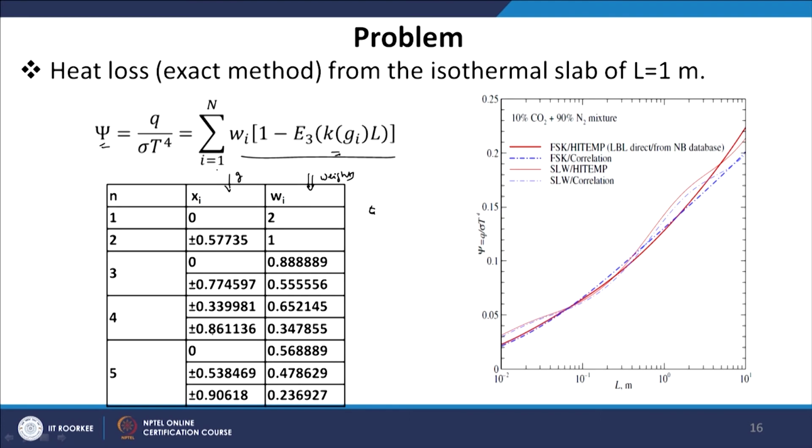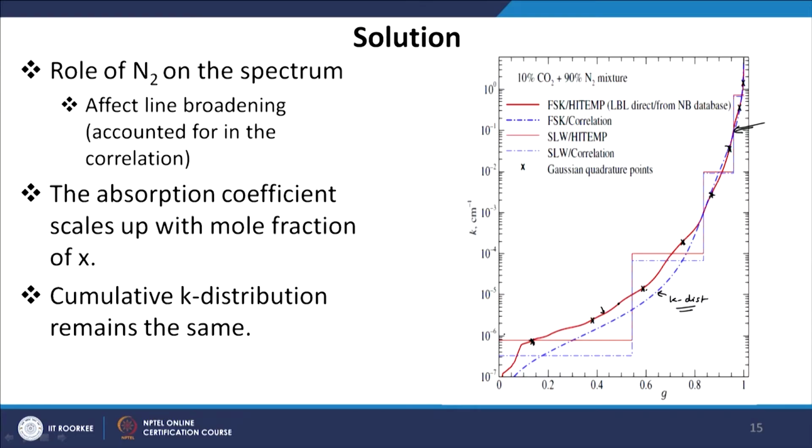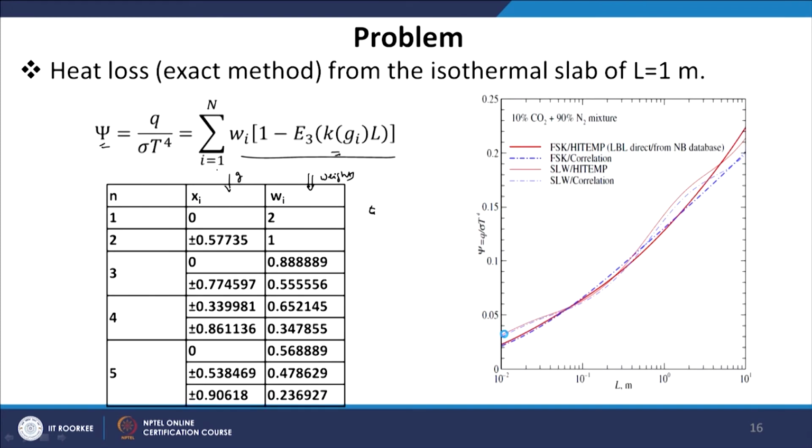For the number of quadrature points you find the value of g, correspondingly find the value of k from the curve, multiply by the weight, and solve for the radiative heat flux. The result is given in this image. You see that the radiative heat flux, this blue curve and this red curve which is exact, give you very good agreement in the optically thin region, and there is some inaccuracy in the optically thick region where length is large.